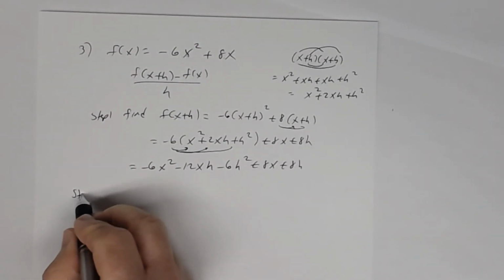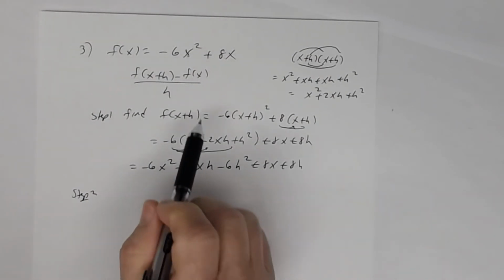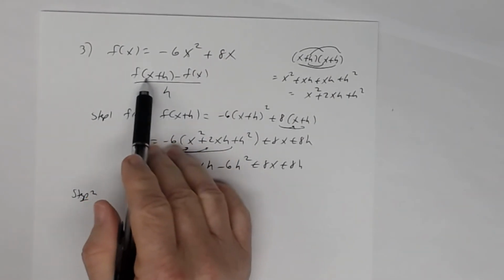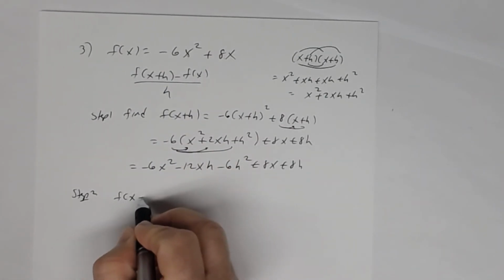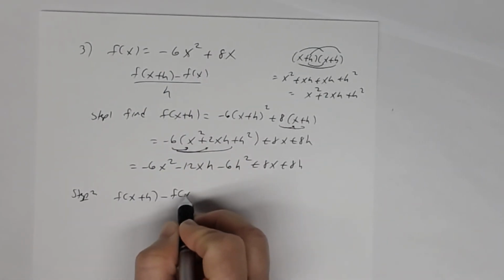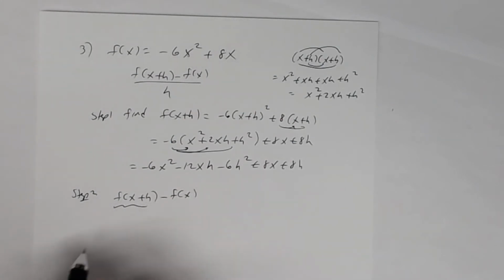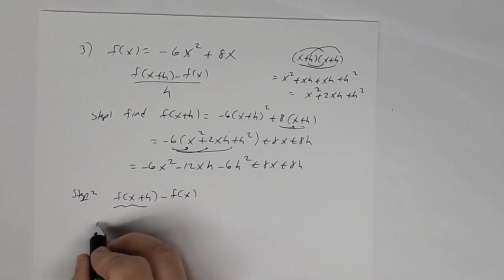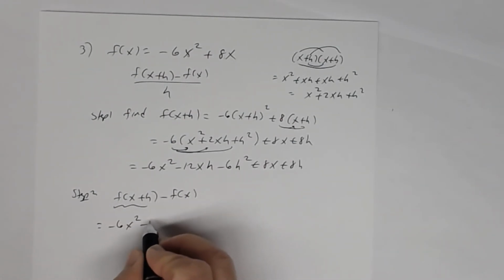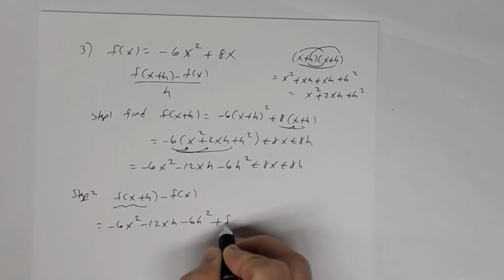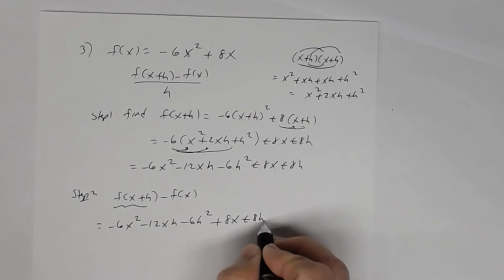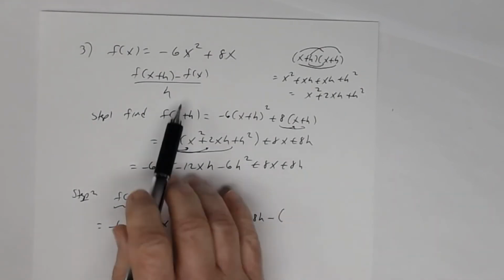Step 2 is the numerator, so this minus this: f of x plus h minus f of x. I already found f of x plus h in step 1. That's negative 6x squared minus 12xh minus 6h squared plus 8x plus 8h, and then minus the function.